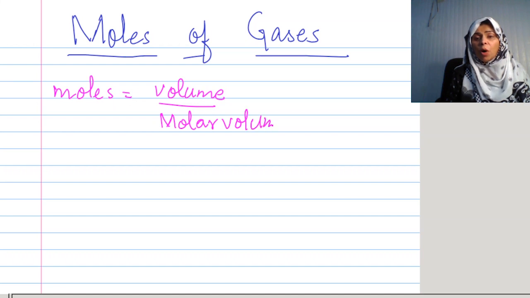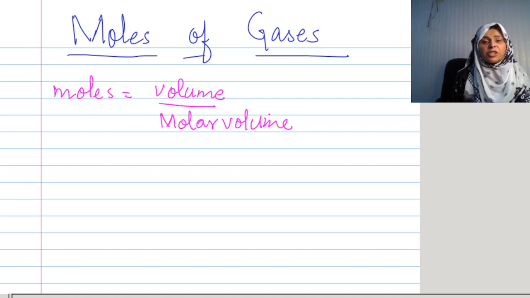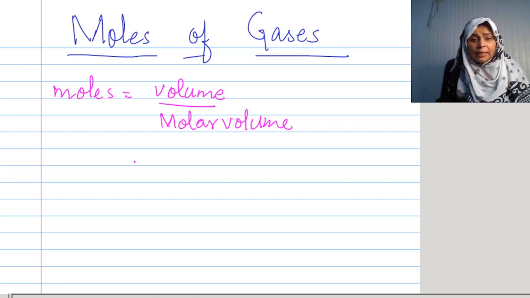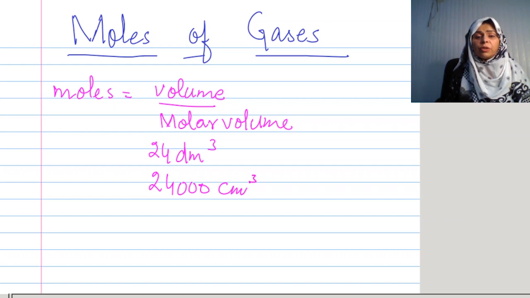Remember, all gases at room temperature and pressure occupy the same volume, that is 24 decimeter cube, or in centimeter cube it is 24,000 centimeter cube.